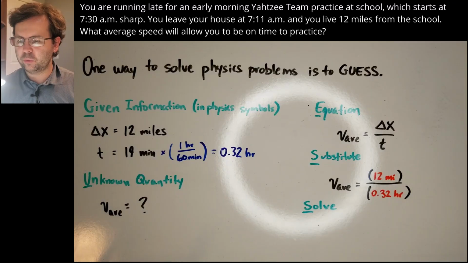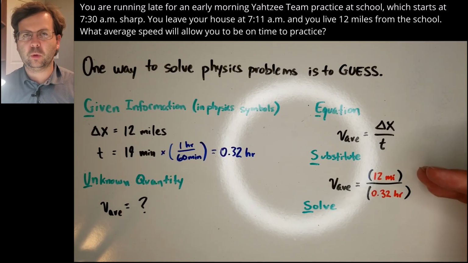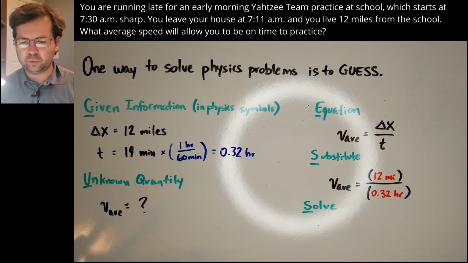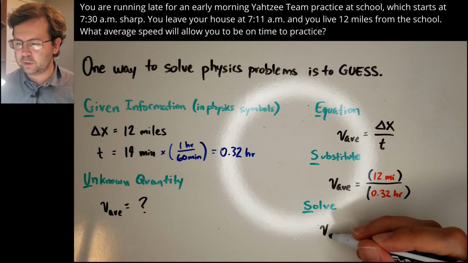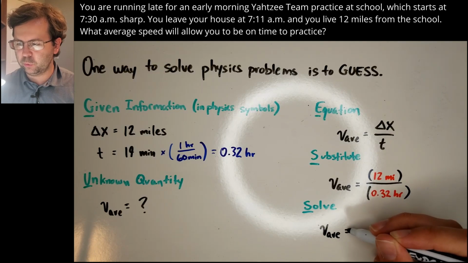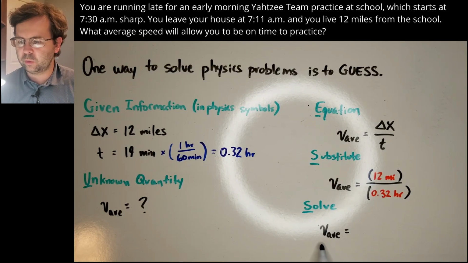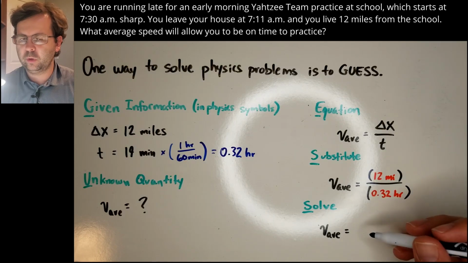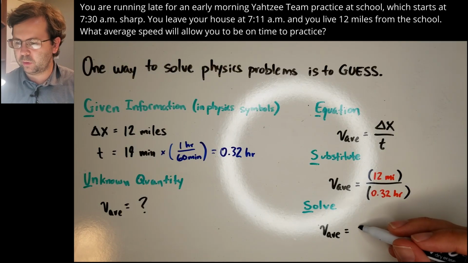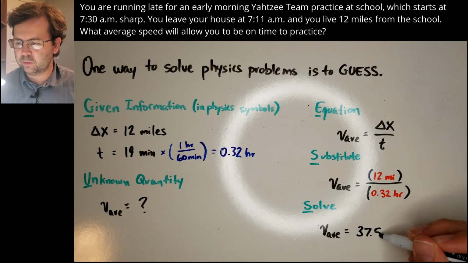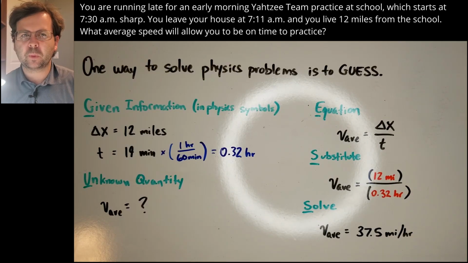So this is now just a simple division problem, 12 divided by 0.32. But I'm going to continue to write average speed equals, because I'm trying to not just get a number, I'm trying to say something. I'm trying to come to an answer or a conclusion about this question. So I want to say the average speed is, and doing this math, we have 37.5 miles per hour, or mph I could write.